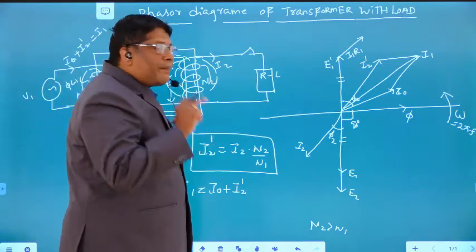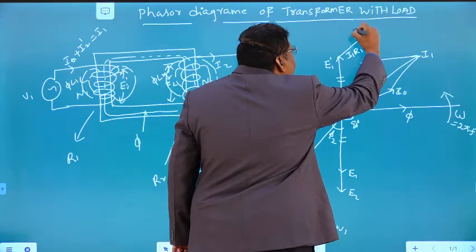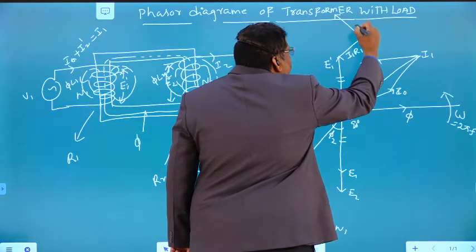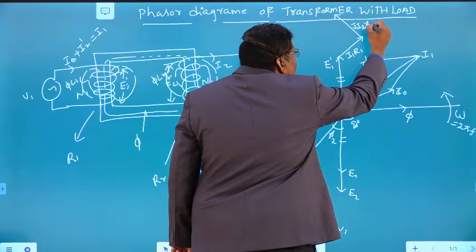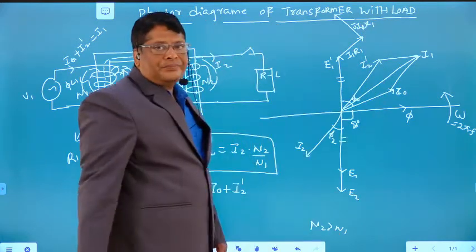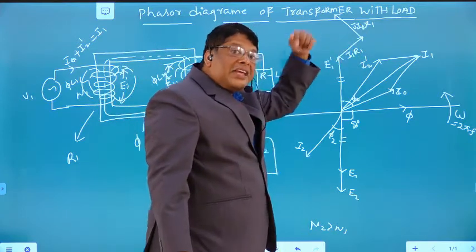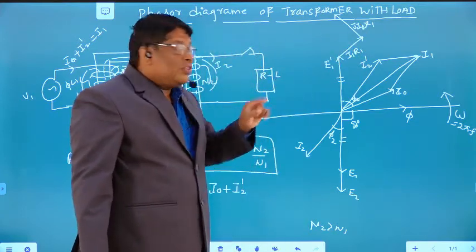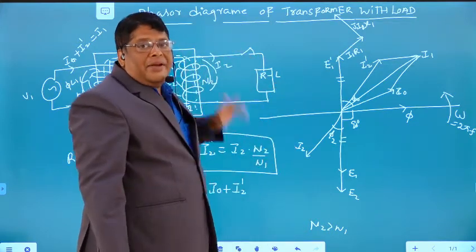So how are we going to represent that quantity? From this point, perpendicularly you draw J I1 X1. This is the resistance drop, and this is the leakage reactance drop, because this leakage reactance represents the leakage flux at the primary winding.